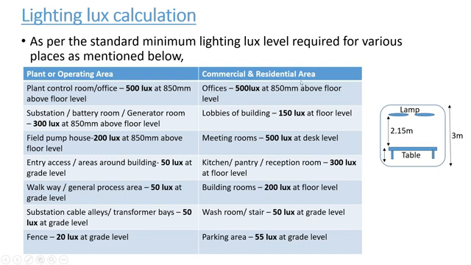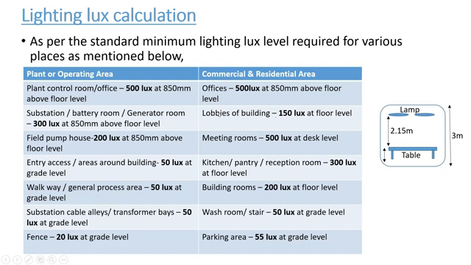Similarly, for a commercial building office, 500 lux output should reach 850 mm above floor level. From the floor level to here is this 850 mm, and this lamp should produce a lux level of 500 lux. Second, a substation, battery room or generator room requires 300 lux at 850 mm above floor level.